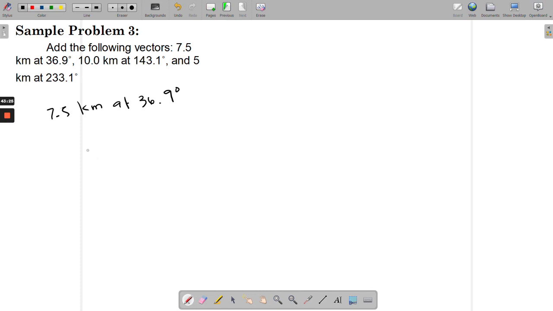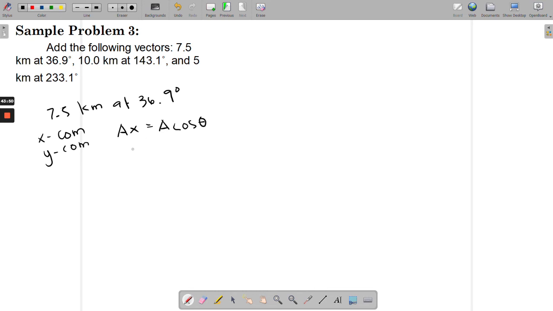When we are using this method, we actually do not have to draw any lines because we use analytical methods and the trigonometric functions to solve everything. So first, let's find the x and y components. For the x component, we have to remember this equation: x is equal to A cosine theta.